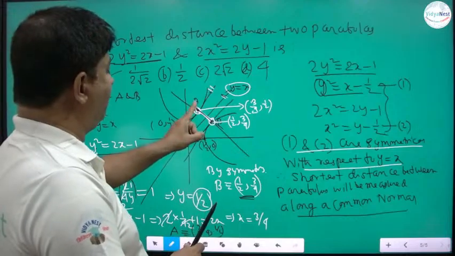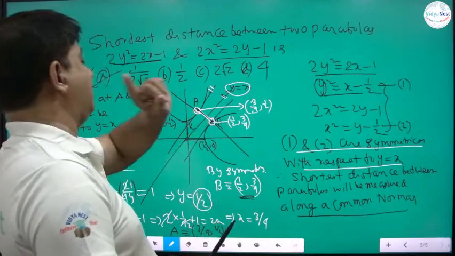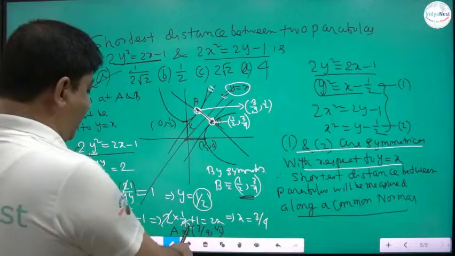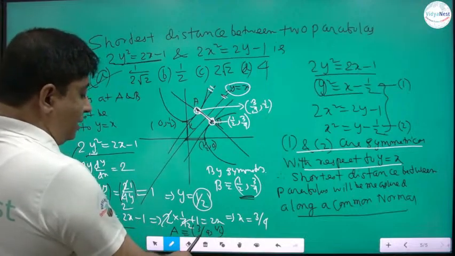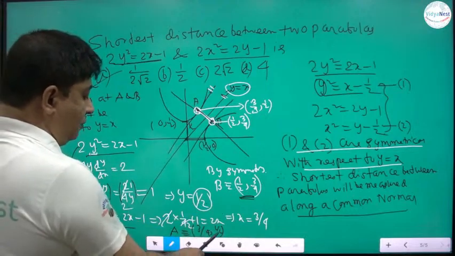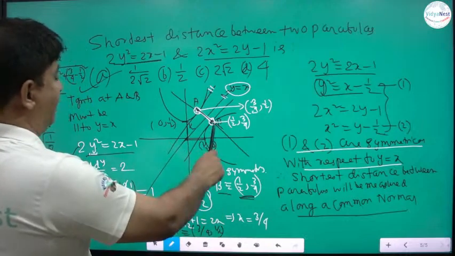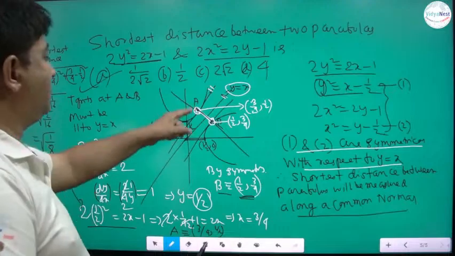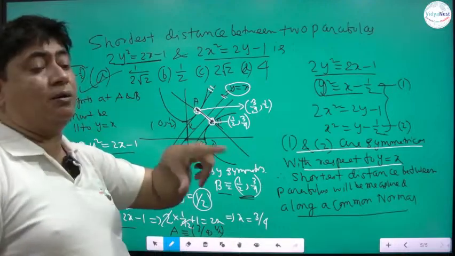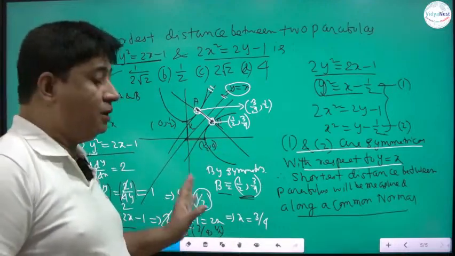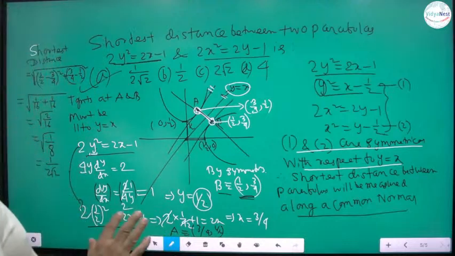X and y of this will become y and x of this. Understand? So I exchange the 3 by 4 x component to the y component, and y component to x component. So B I have got. Now find the distance. Shortest distance means it is measured along the common normal. So these are actually parabolas.